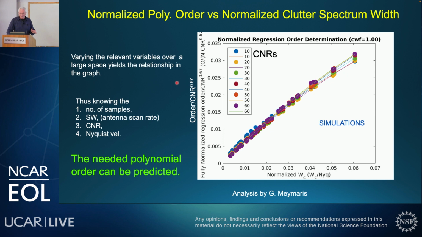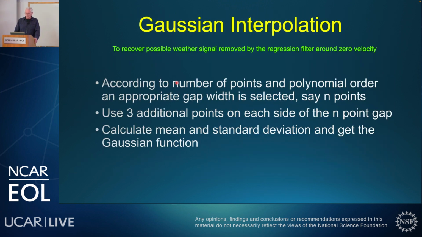We don't know quite why 0.67 works so well, but it makes all these curves lay on top of each other, and each one of the colors is for a different clutter to noise ratio. But because of this, we can know these parameters. We can go ahead and then select the regression order we need to use for filtering.